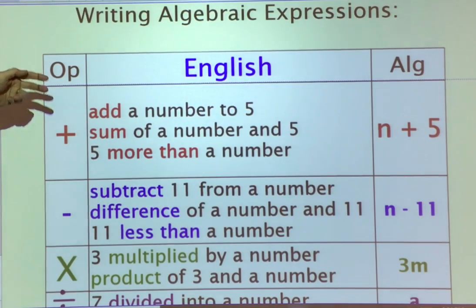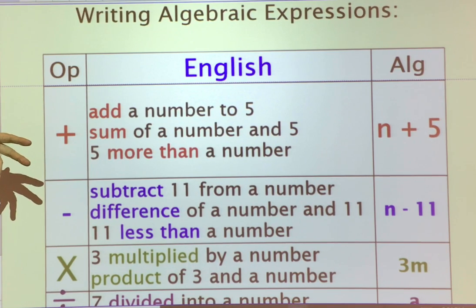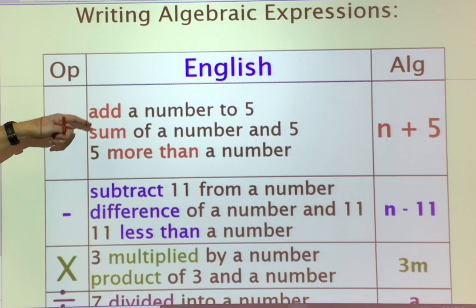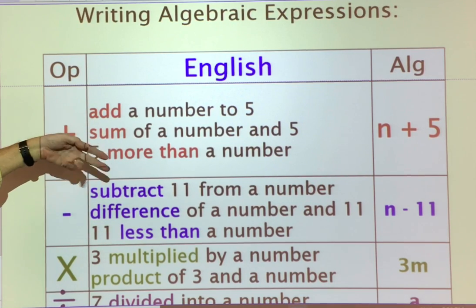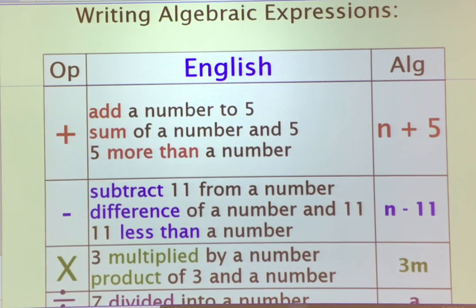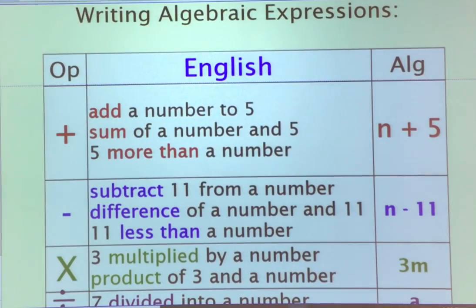So I've just got some basic words for us that we can translate for phrases. Things that are going to mean addition are like add a number to 5, the sum of a number and 5, 5 more than a number. All of those are going to be expressed in an algebraic expression as n plus 5.